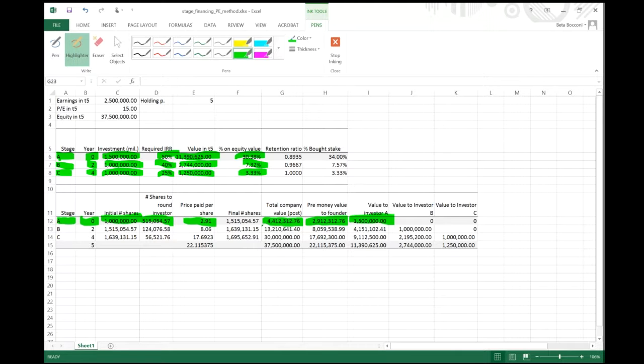If we now want to keep going on the calculation and understanding what happens after 2 years and after 4 years, you can imagine the number of initial shares in year number 2 will be no longer 1 million, but the 1 million plus the 515,054 of the capital increase that took place in year 0.